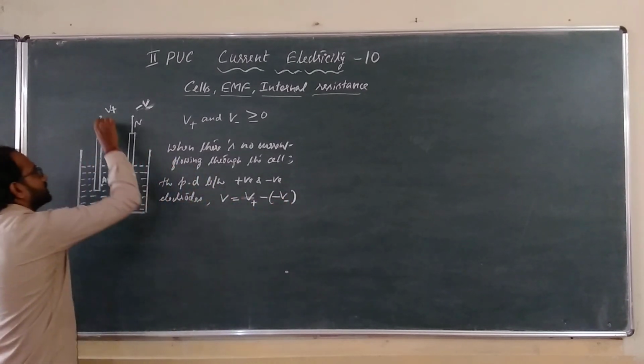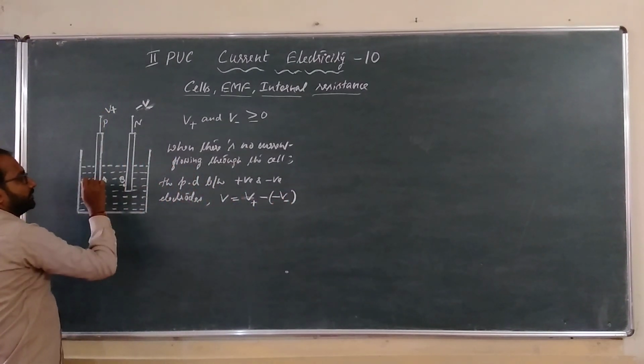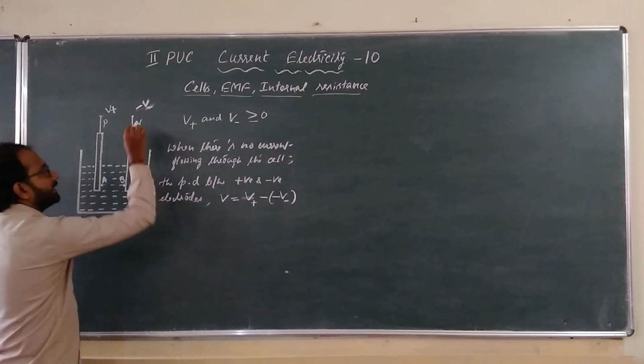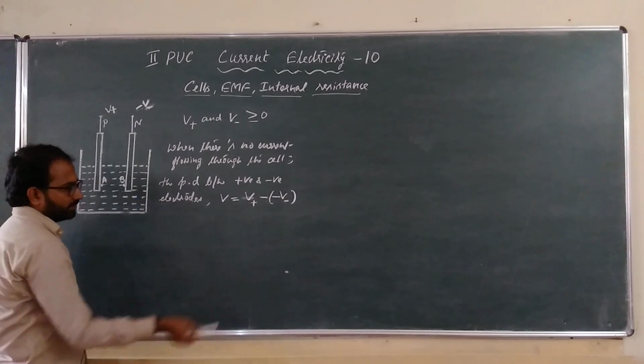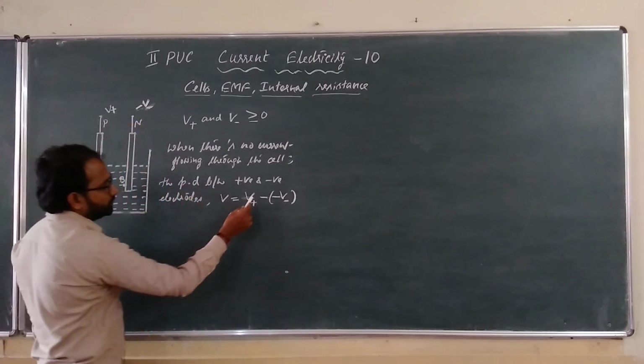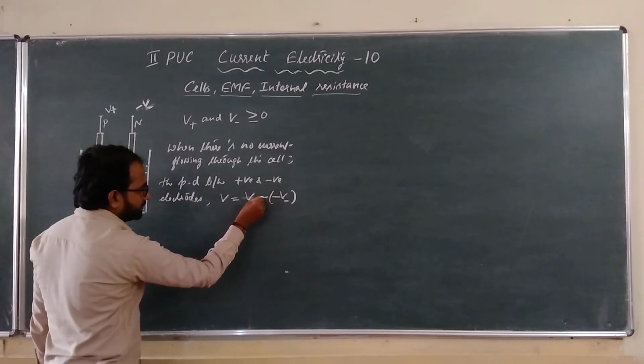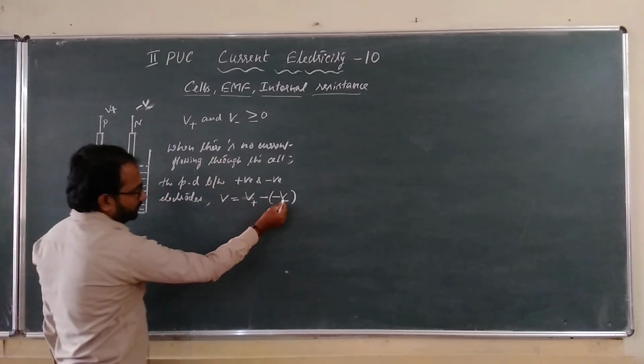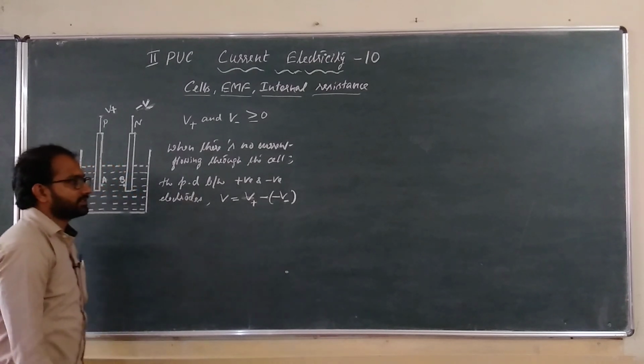This is the potential of the positive electrode with respect to the electrolyte solution, and this is the potential of the negative electrode with respect to the electrolyte solution. Therefore, what is the potential difference between these two? It is V plus minus what is the potential of the negative electrode with respect to the electrolyte solution? It is minus V minus.